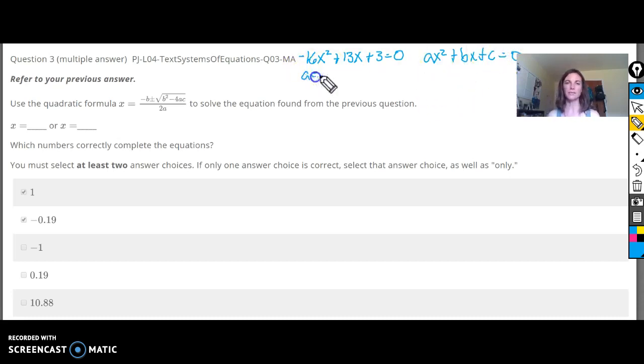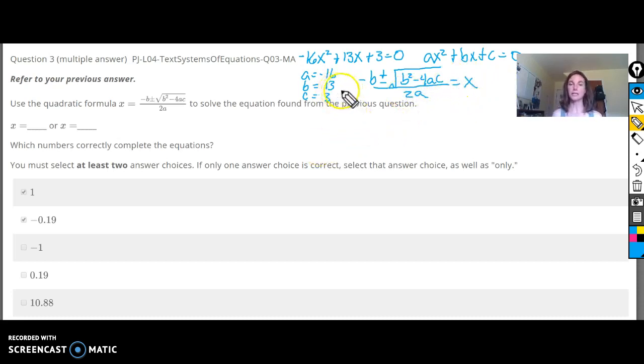So a equals negative 16, b equals 13, c equals 3. Then our quadratic formula, negative b plus or minus the square root of b squared minus 4ac all over 2a, will give us our two values of x.